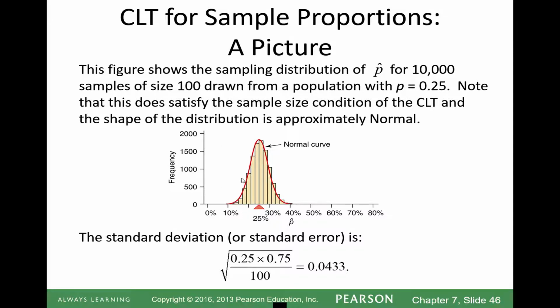Notice how it's almost a perfect bell curve, all from increasing the sample size. This does satisfy the sample size condition of the central limit theorem, and the shape is approximately normal. The standard deviation or standard error is right here.